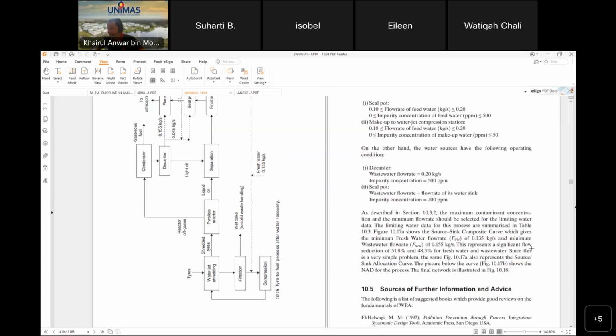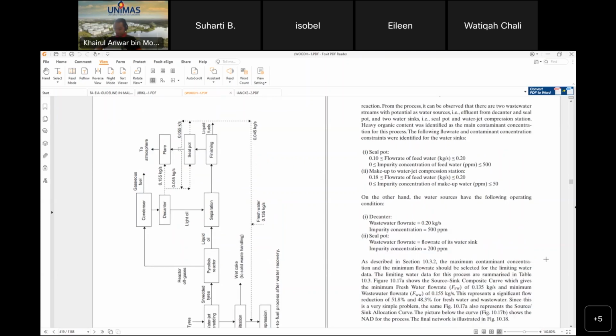This represents a significant flow reduction of 51.8 and 48.3% for freshwater and wastewater. Since this is a very simple problem, the same figure 10.7a also represents the sourcing allocation curve. The picture below the curve shows the NAD, network allocation diagram, for the process. The final network is illustrated in figure 10.18.